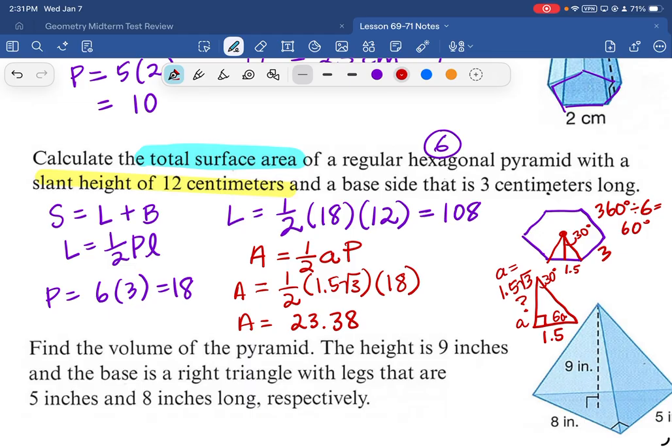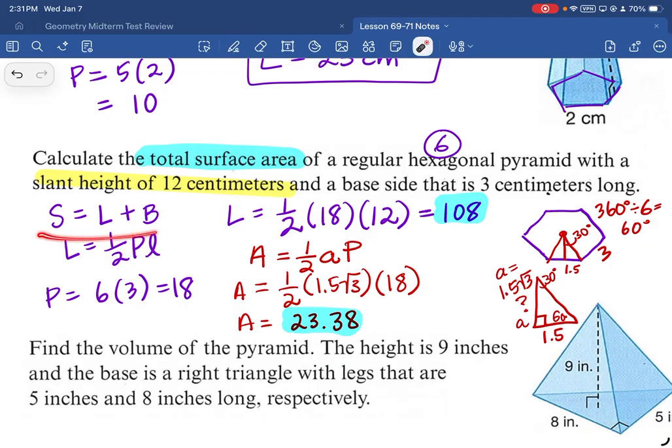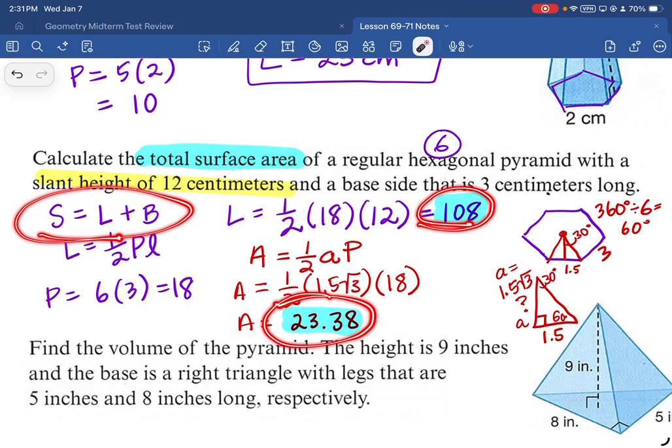All right. So now I have my big B right there. I have my L right there. So to find surface area, I need to add those two answers, right? My lateral and my area. So add 108 and 23.38.